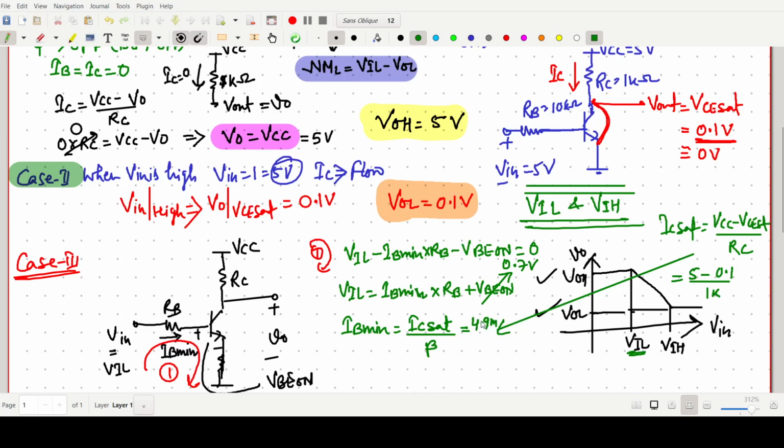Milliampere. Okay. And RC value is 1k. Okay, so this one is 1k and we have to divide with beta, so it should be 70. 4.9 by 70, so 4.9 into 10 to the power minus 3 divided by 70.